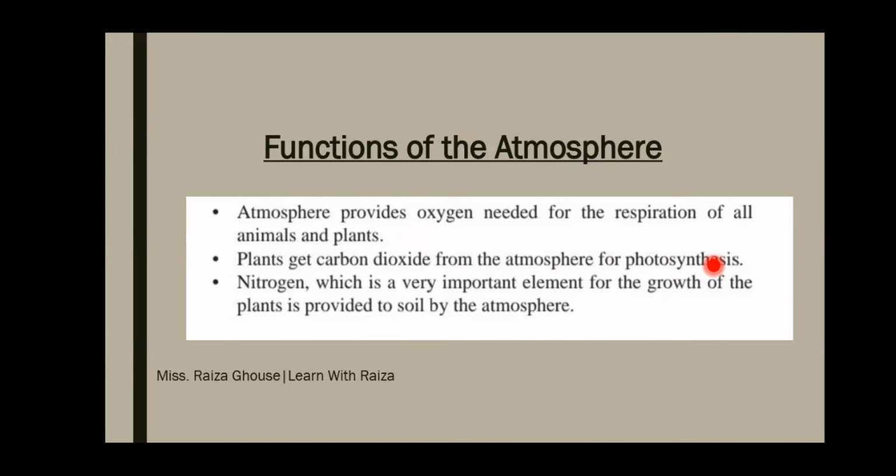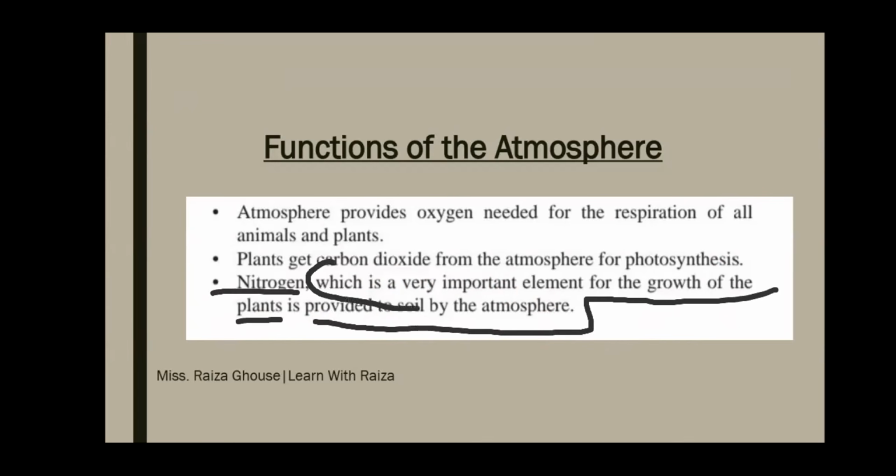Third one, nitrogen, a very important element for the growth of plants, is provided to soil by the atmosphere. So what do you want to remember? Nitrogen is provided to soil by the atmosphere for the growth of the plant. That's enough.